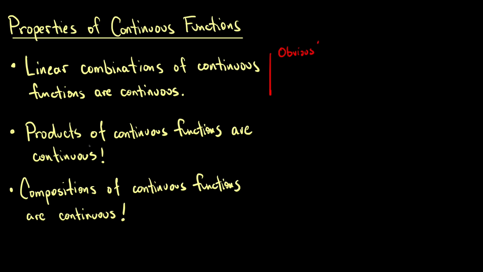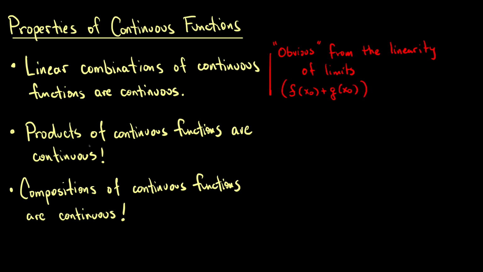Now, if you're a student who's never seen this before, you'll want to check it for yourself. But I claim that this is not so hard, from the fact that limits obey linearity. So it's obvious from the linearity of limits. For example, I'll go ahead and explain f of x naught plus g of x naught.